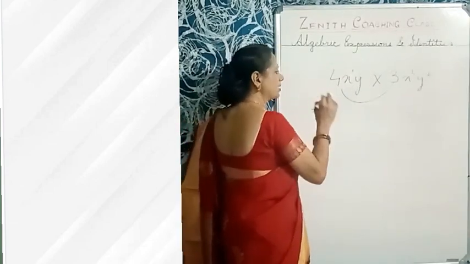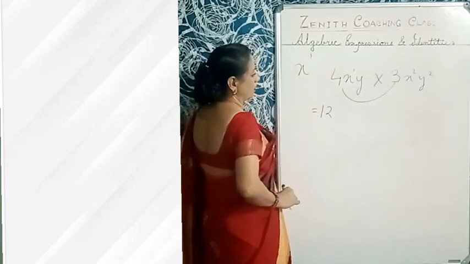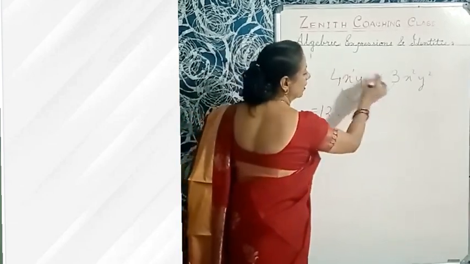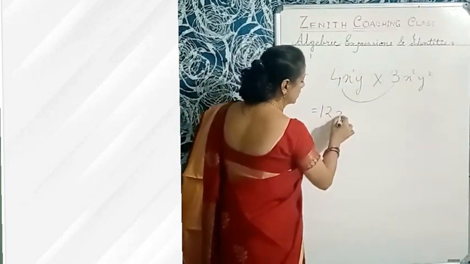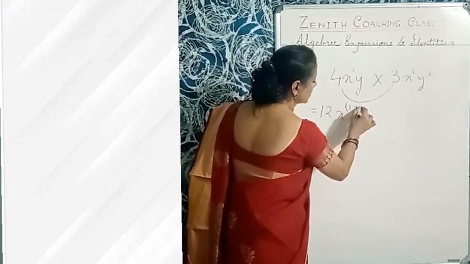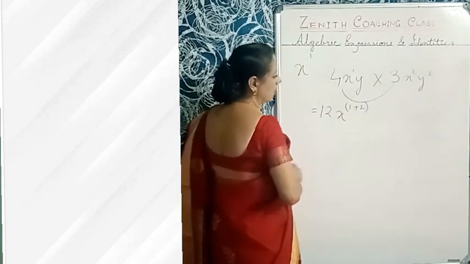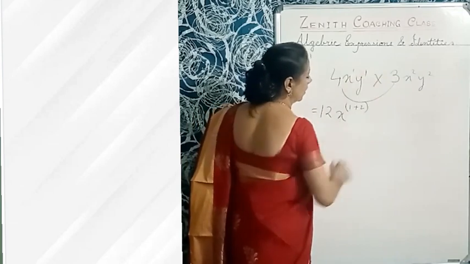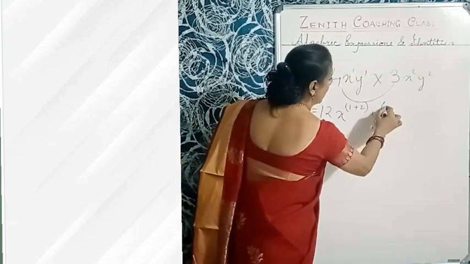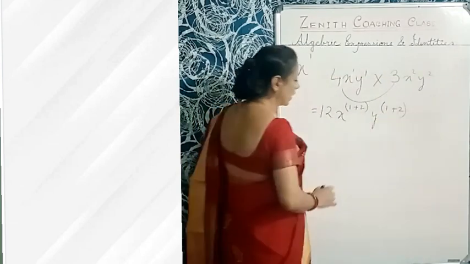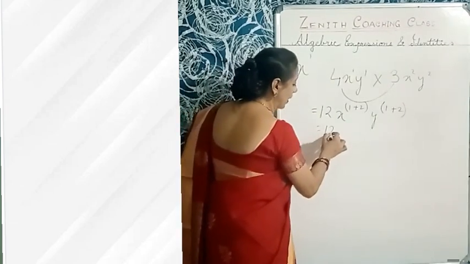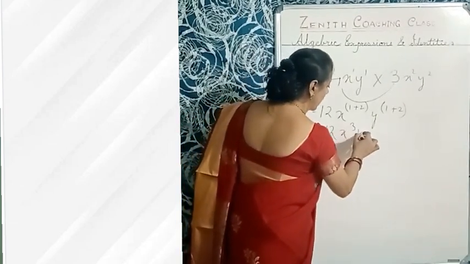That is, x means x to the power 1. So x to the power 1 here, x to the power 2 here, so the power is 1 plus 2. Now here is y also. Y is here 1, that is 1 plus 2. So what's the answer here? 12x cube y cube.